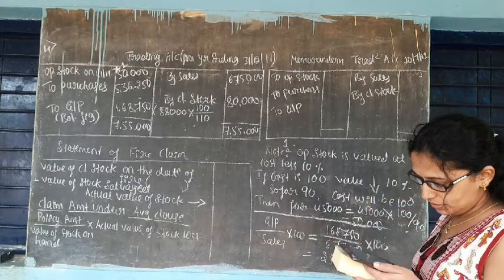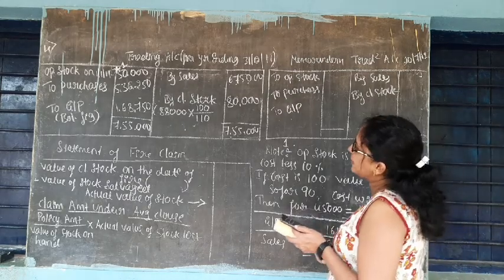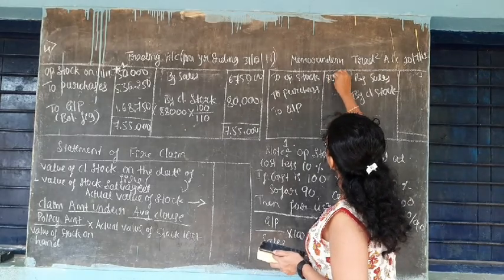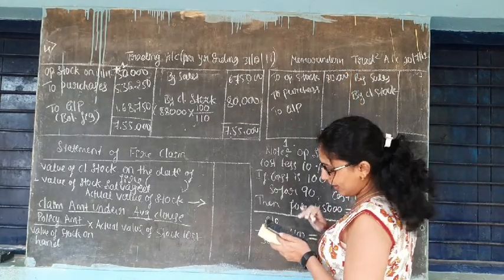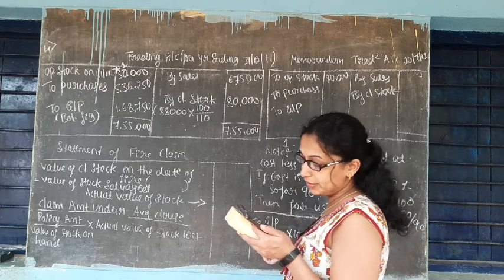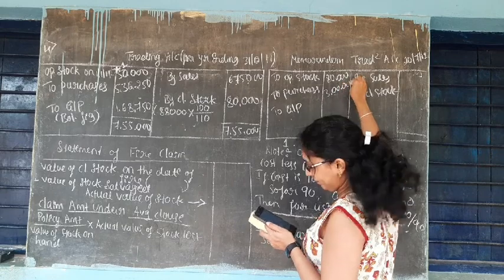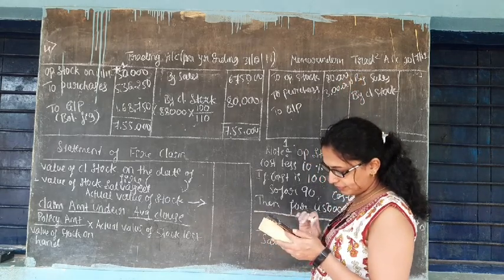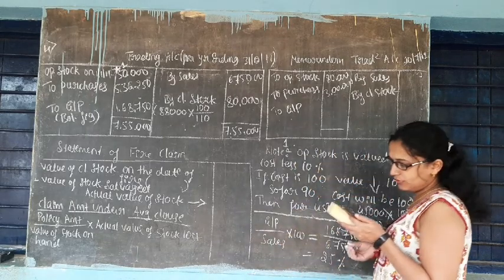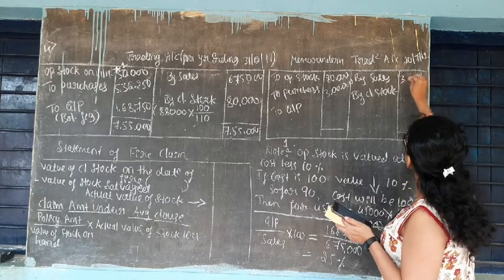Now it's given in the question that opening stock means last year's closing stock, that is 80,000. Directly you can write it here. And this year purchases, during the year 2012 up to the date of fire, is given, that is 3 lakh. And sales is also given, during the year 2012 up to the date of fire, sales is 3,60,000.